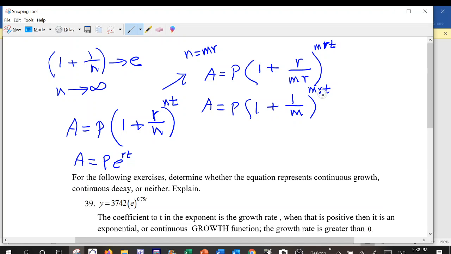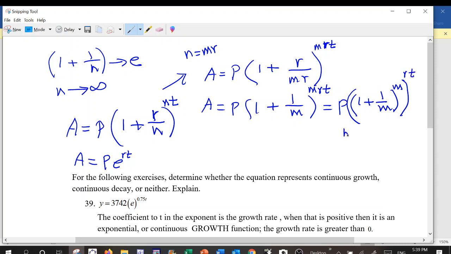MRT. And remember we said that if you have two powers, you can separate them, and you can write this as 1 plus 1 over M to the Mth power, and then take all of these and raise it to RT.